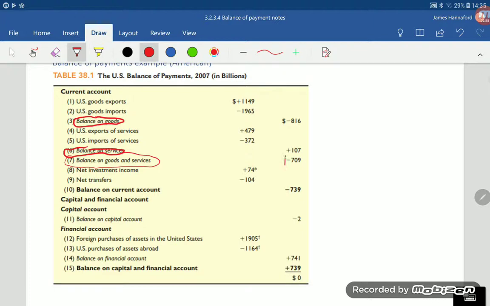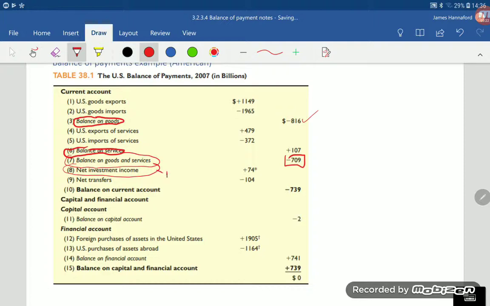That totals minus $709. So if you have $816 minus, because you're importing more goods than you're exporting, plus you have a surplus on services, that is, you export more than you import, you will get this deficit of minus 709.